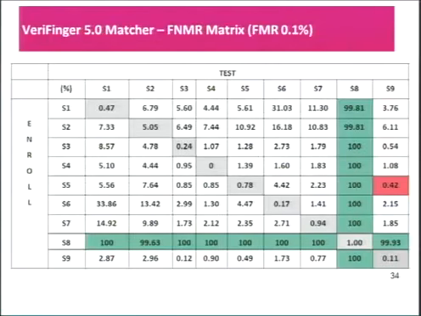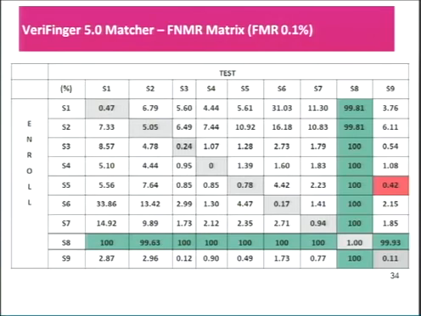I know there's quite a lot going on in this matrix, but I'll try and point out the interesting results from this. So along the diagonal, you see all the native data set error rates. This is where enrollment and test images were captured using the same fingerprint sensor.